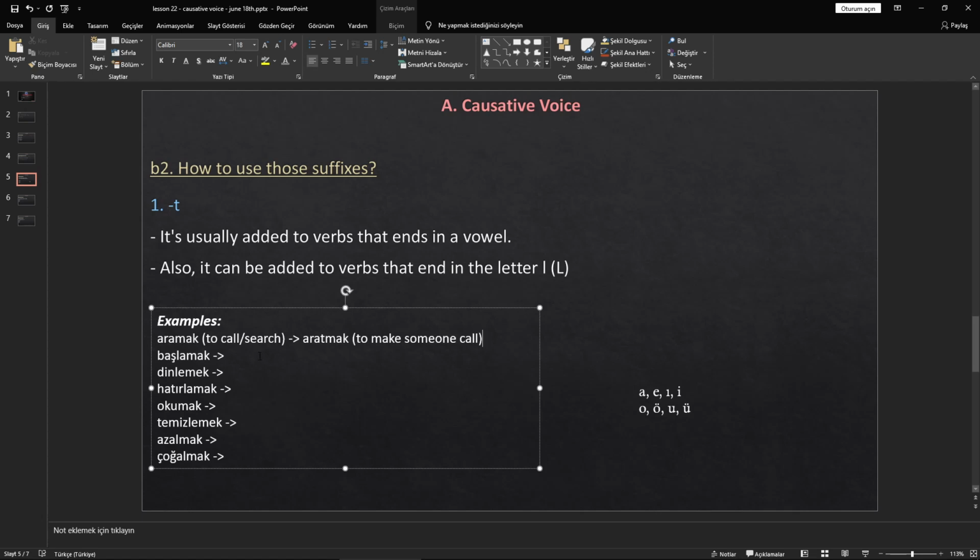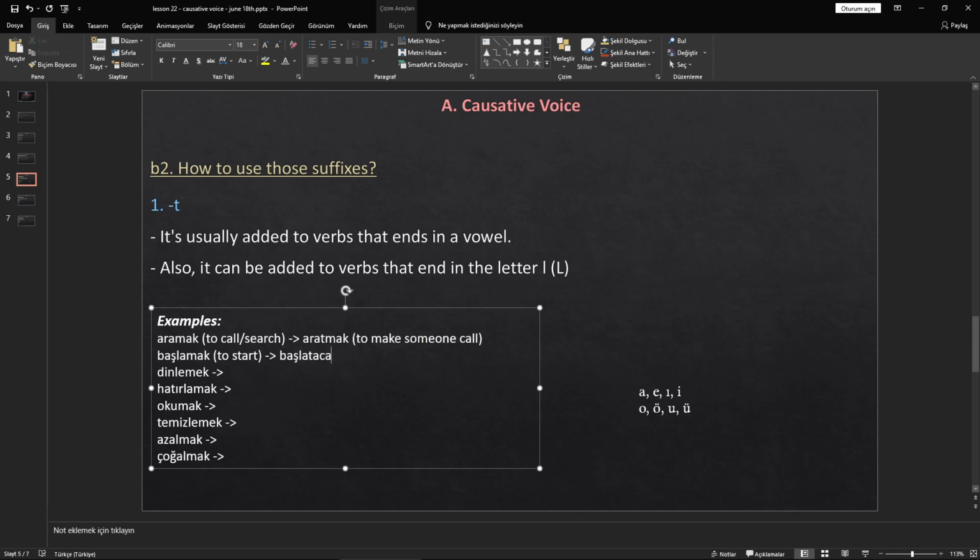And next one, başlamak, which means to start. This time you say başlattım. And I always use the simple past tense, but you can change the tense.